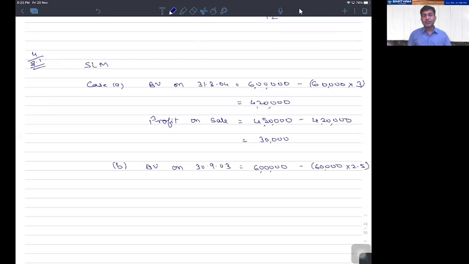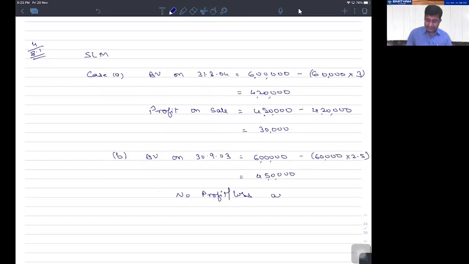Why 2.5 years? 1 to 2 full year, 2 to 3 full year, and 3 to 4 half year. So accordingly that comes to 2.5 years. And accordingly the book value comes to 4,50,000. So no profit, no loss. Because the sale value is equal to book value of the asset. Did you get this?